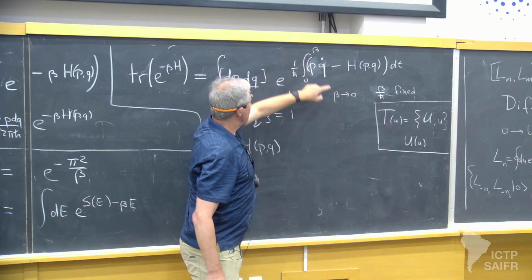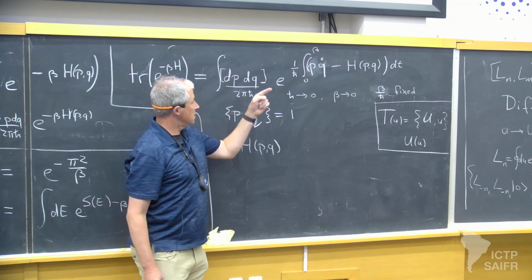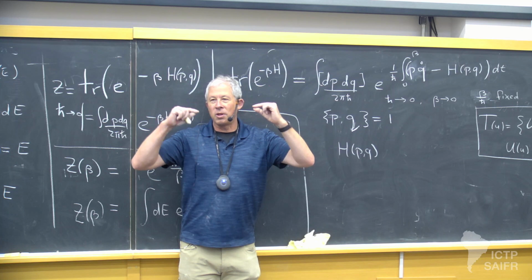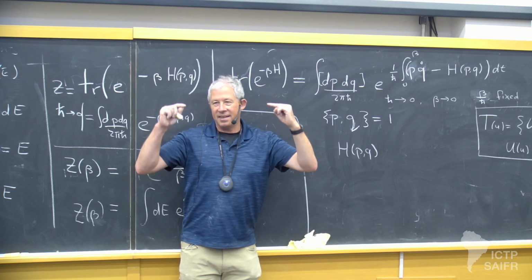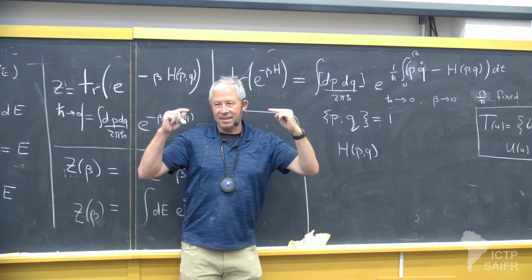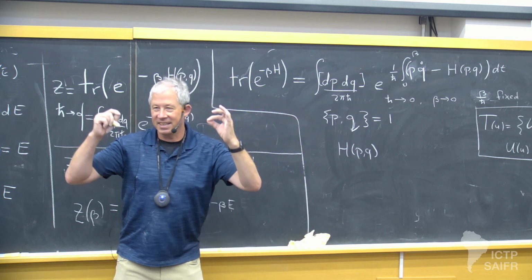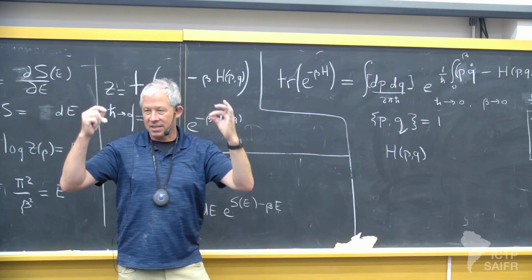But since beta goes to 0, basically what happens is that the periodicity in Euclidean time gets rolled up to a very small circle, so I'm compactifying. I'm taking the Kaluza-Klein reduction, you call it, along the tau direction.